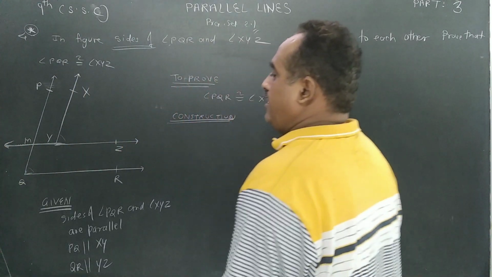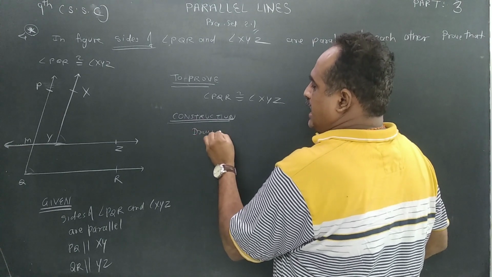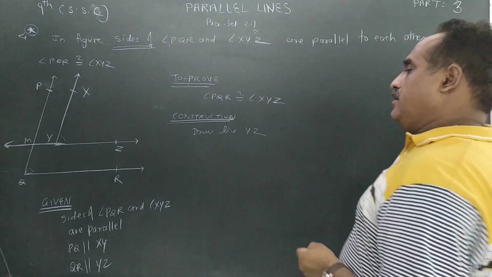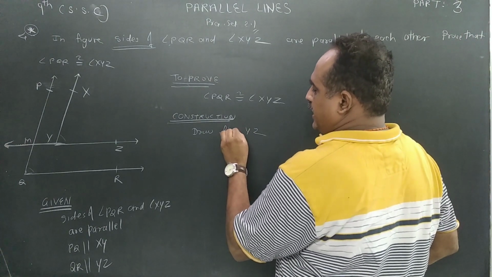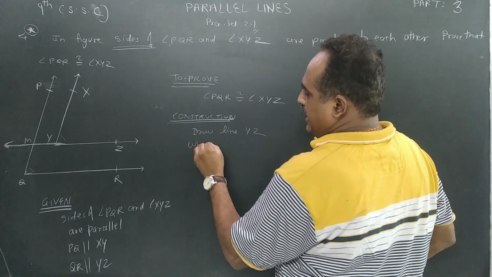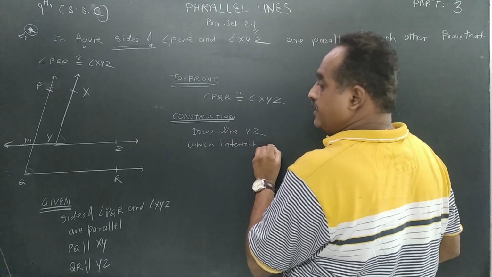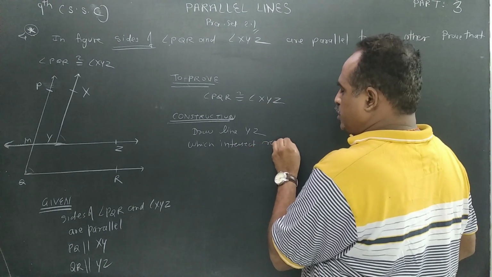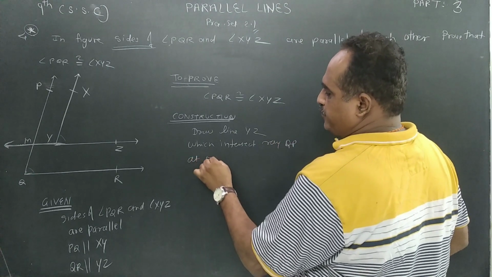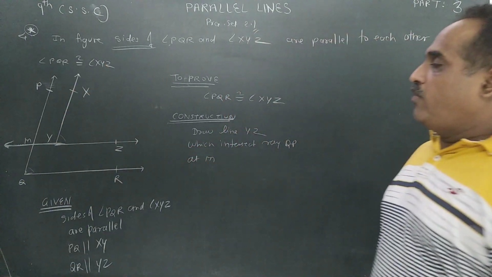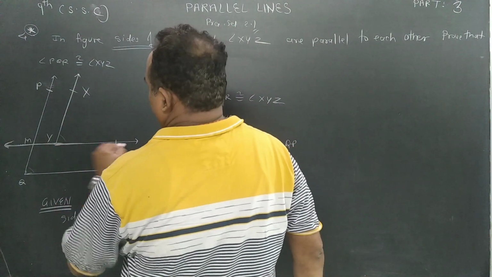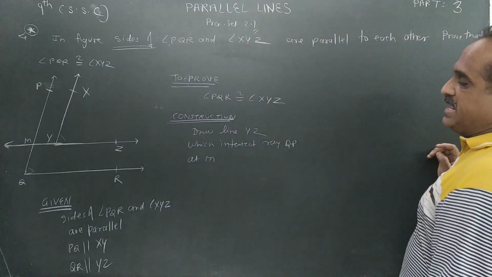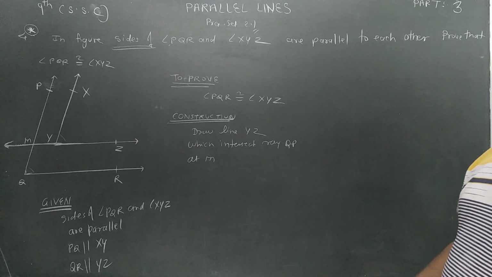So I have drawn line YZ, which intersects ray QP at M. This way you are going to draw. This is the ray, is it right? But I make it a line, which is intersecting side QP at point M. That we have to mention.